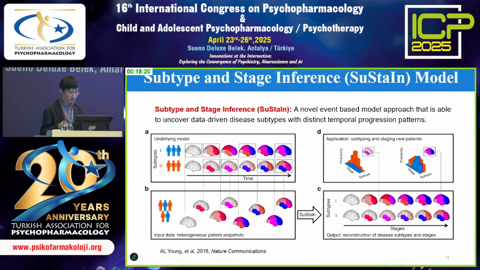Different subtypes have different brain atrophy sequences. Another point is that SuStaIn requires only cross-sectional data. It does not require longitudinal data, but longitudinal data can validate the SuStaIn results.